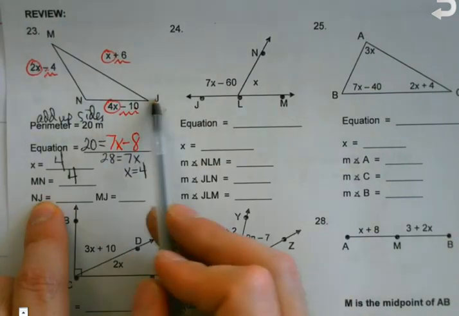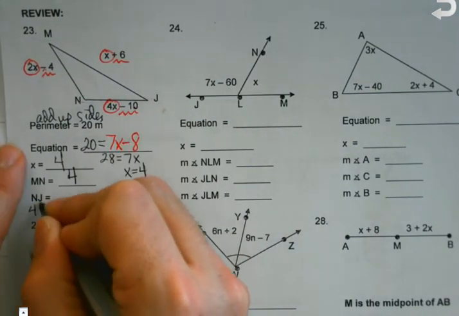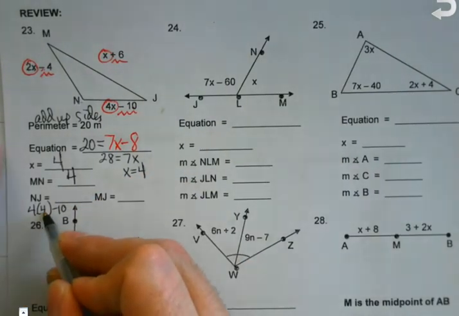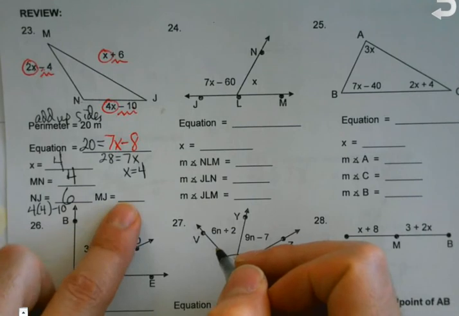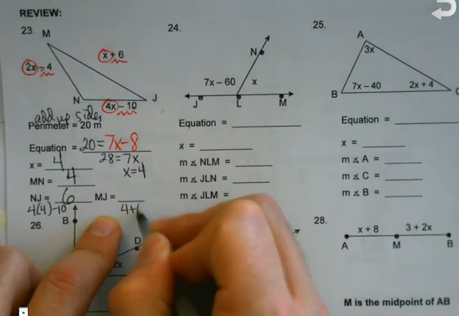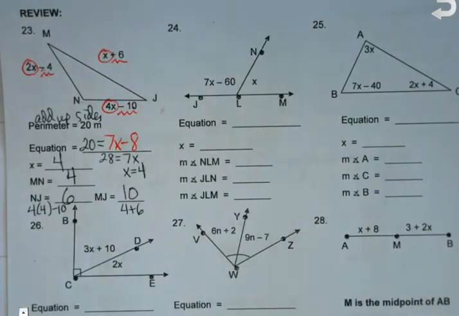And then here, NJ is 4x minus 10. But I know now that my x is 4. So 4 times 4 is 16. And minus 10 is 6. And MJ is x plus 6. 4 plus 6 is 10. And I get all of my values for the perimeter.